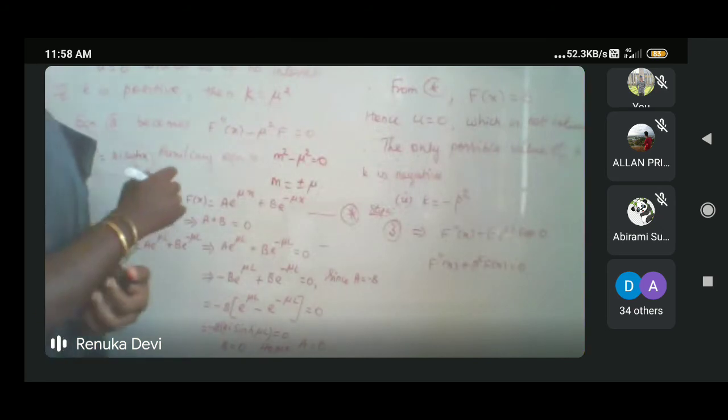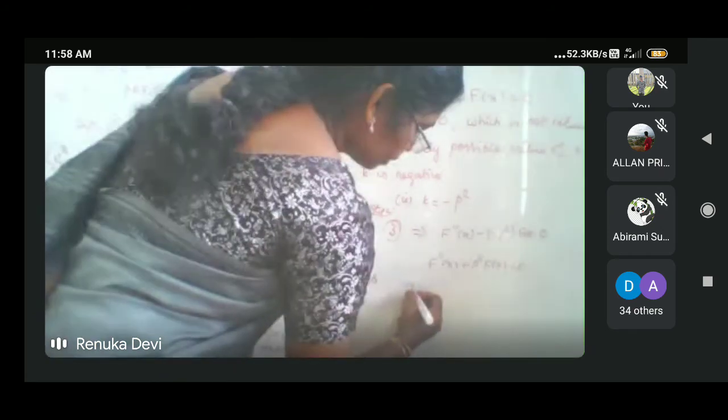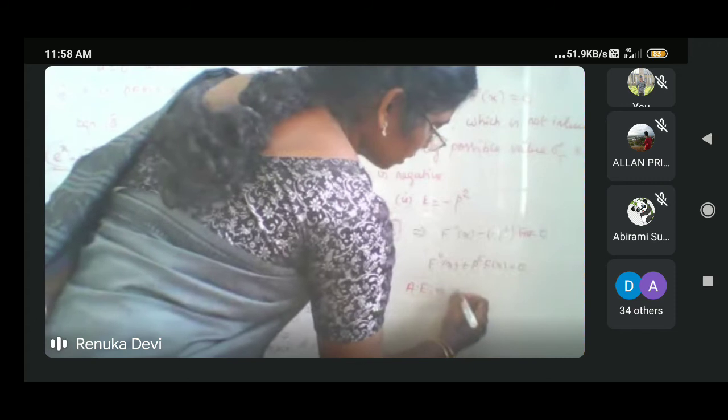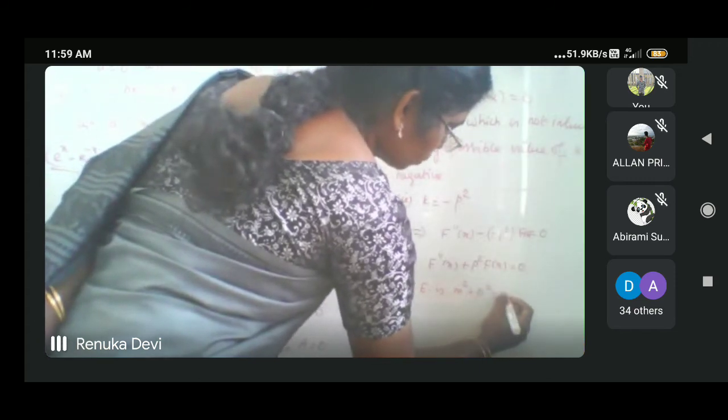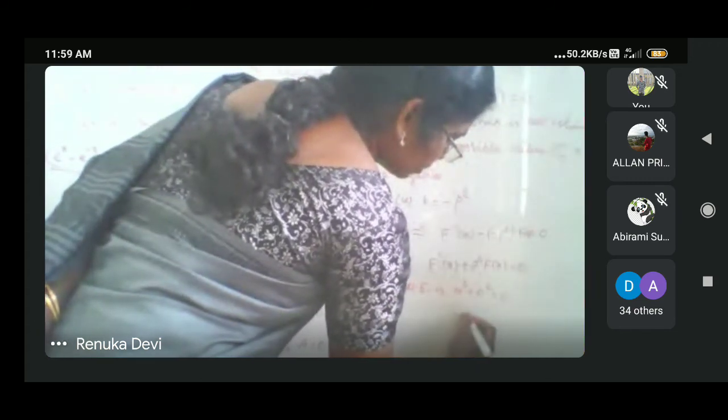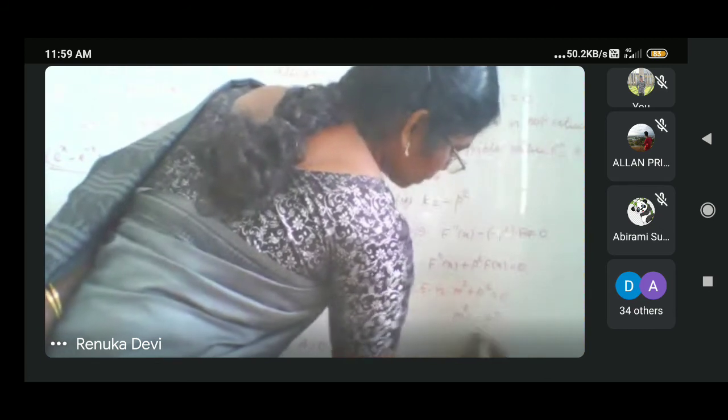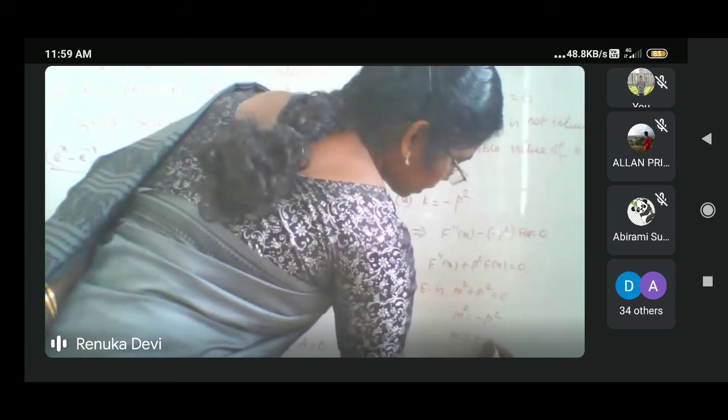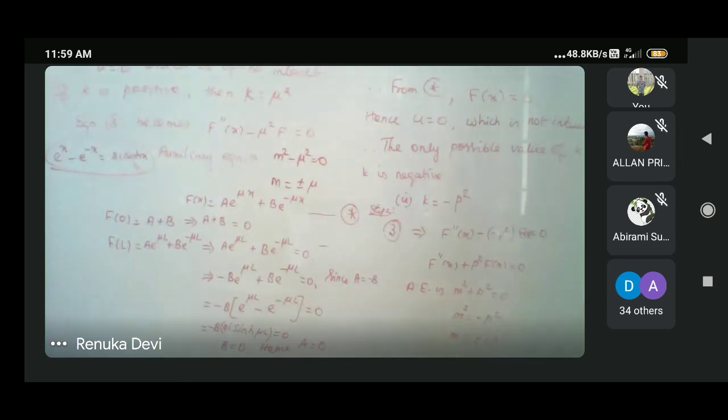For this also we can find the auxiliary equation. The auxiliary equation is m squared plus p squared equal to 0, so m squared equals minus p squared. So m equal to plus or minus ip. The roots are complex values.